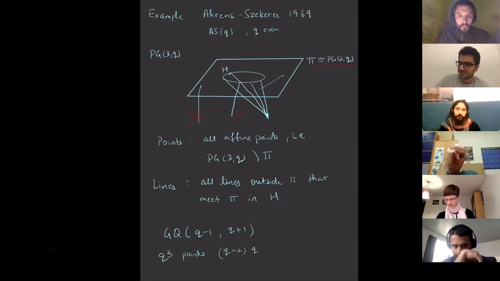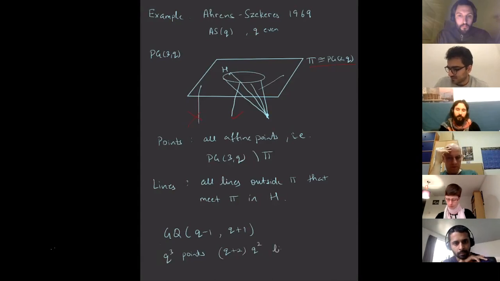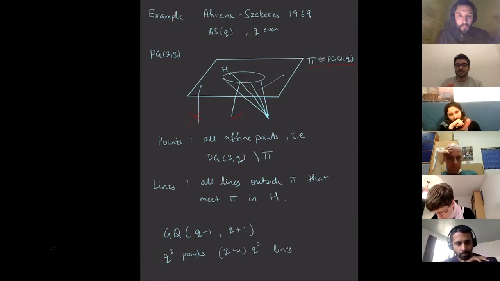Sorry, it has q cubed points and I believe this many lines. So we have an infinite family of generalized quadrangles which you can use for all sorts of things. Before coming to more geometric examples, you will see something in the exercise maybe, but we will go to the theory after a few lectures.